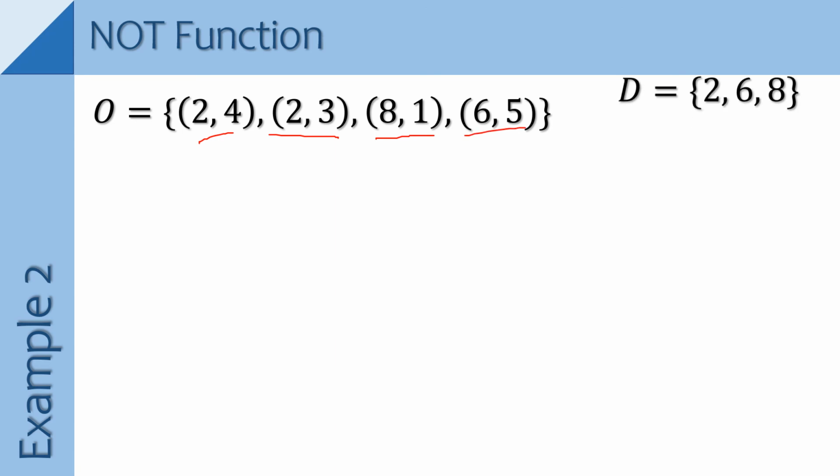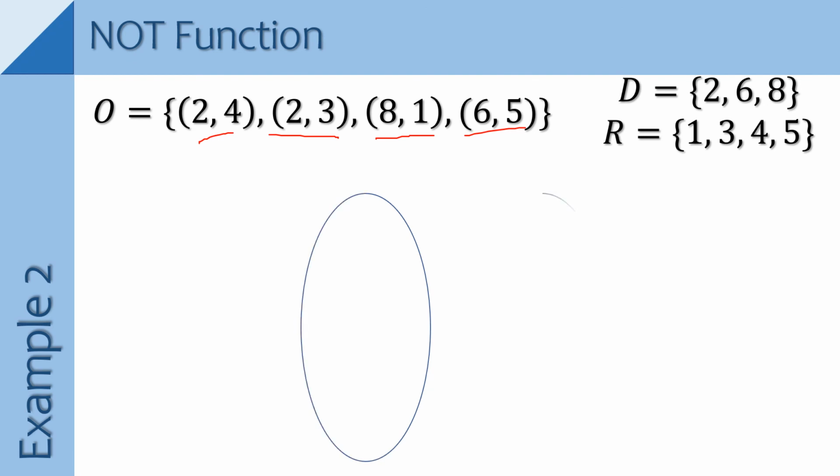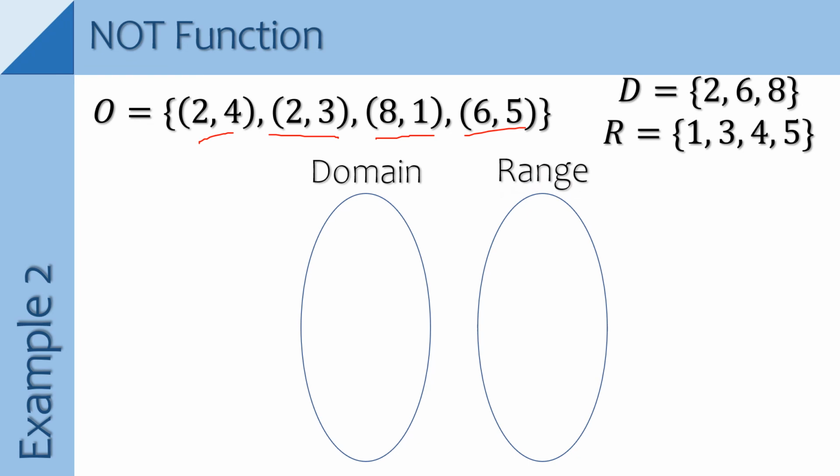So the domains are 2, 6, 8, and then the range are 1, 3, 4, 5. The first column is the domain, and then the second column are the range. So write down all the domains 2, 6, and then 8. And then we have the range 1, 3, 4, and then 5.